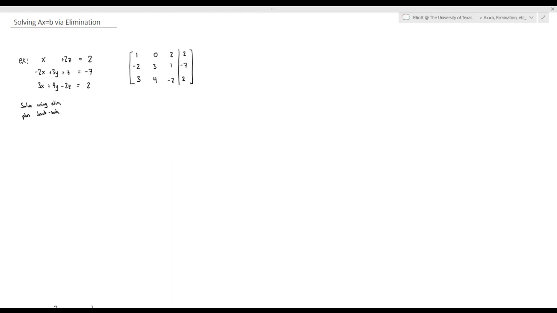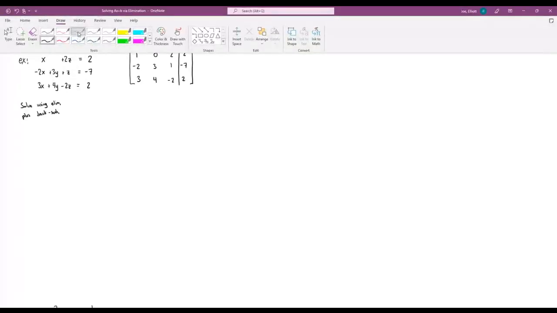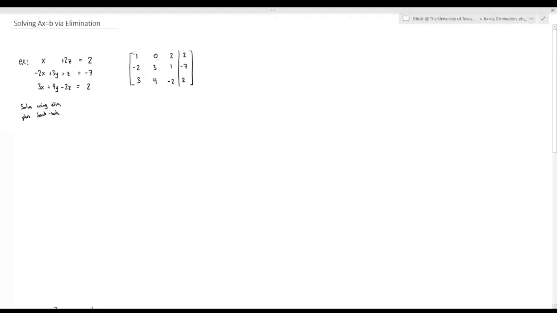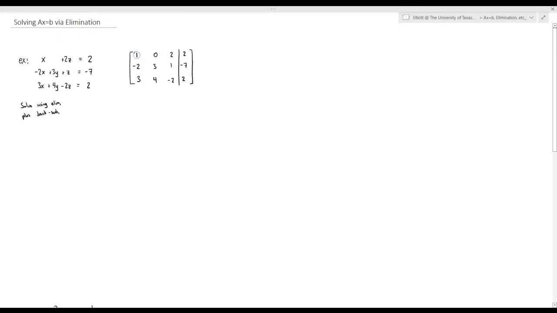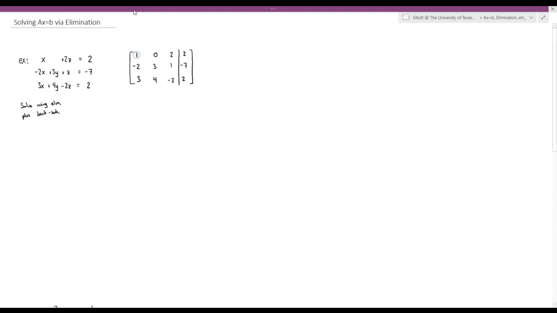With this example, when you're doing elimination, you want to do it one column at a time. So start with the first column. This one in the first entry would be our pivot, and we're going to use this pivot to eliminate everything underneath it.